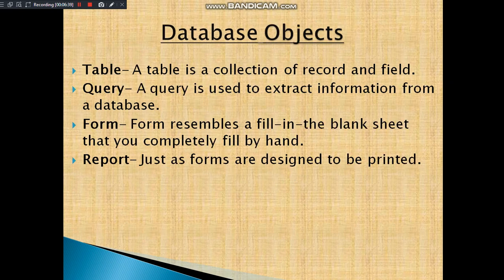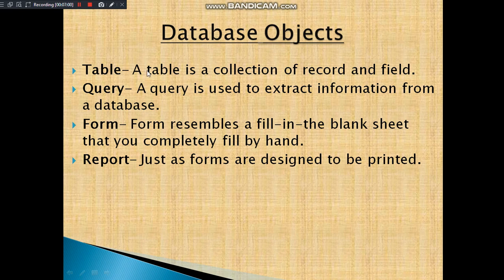So the next concept is the objects of my database. My database basically has 4 objects. Table, in which I will have my row and column. Here row means record, column means field. Clear? No confusion.